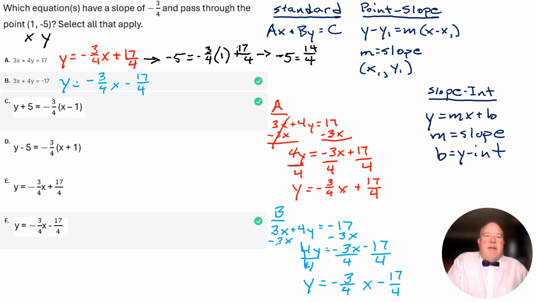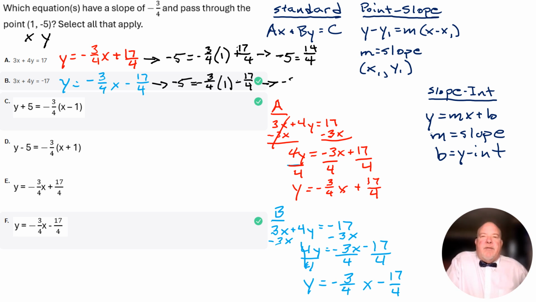So now we'll try the same thing with B. So again, I'm going to replace y with negative 5 and x with 1. So I have negative 5 equals negative 3/4 times 1, and this time minus 17/4. So negative 3/4 minus 17/4 gives me negative 20/4.